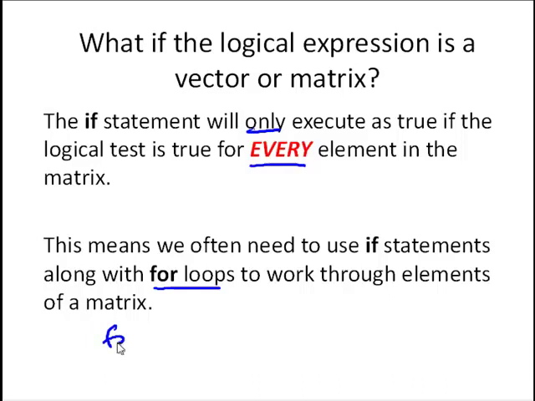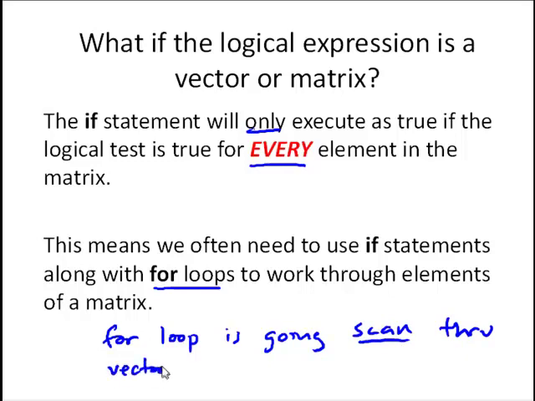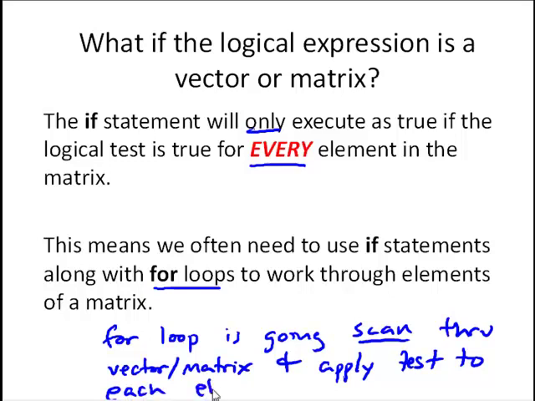Basically, we can think of the for loop as going to scan through the vector or matrix and apply the logical test to each element and act one element at a time.